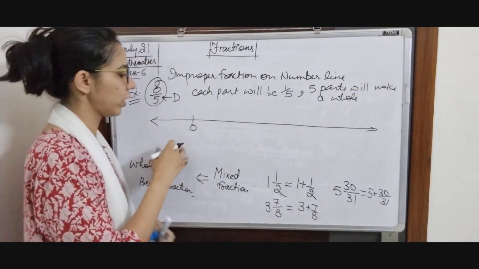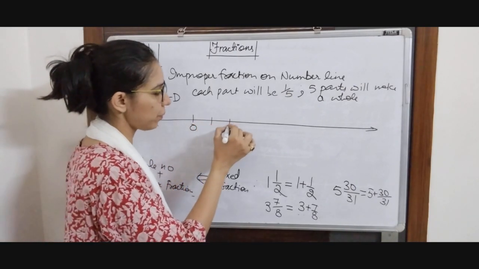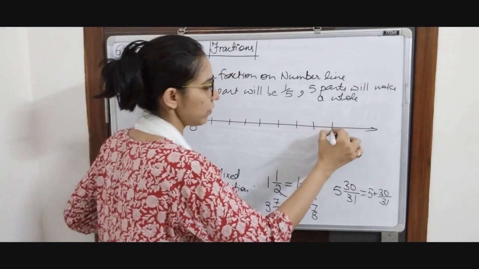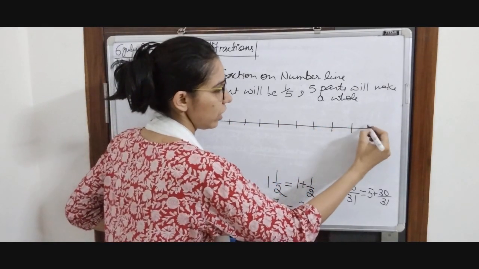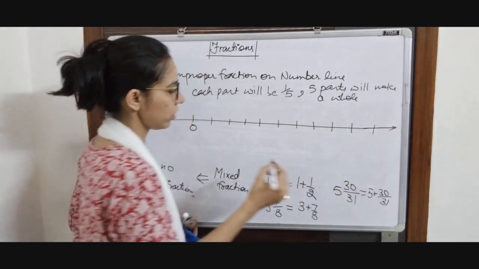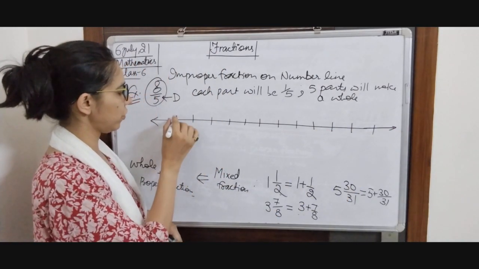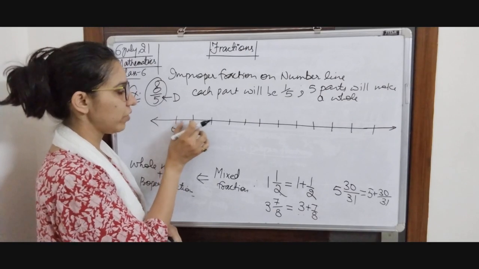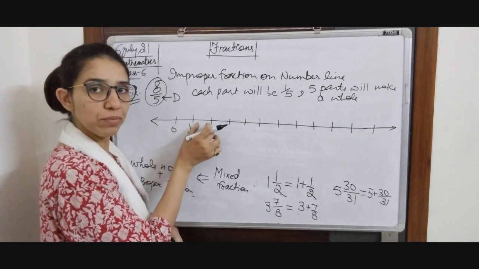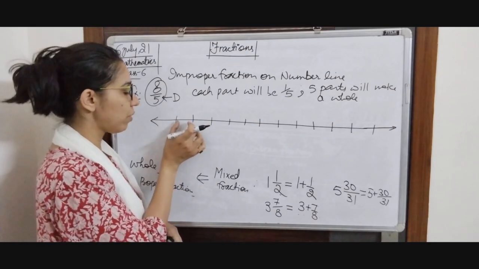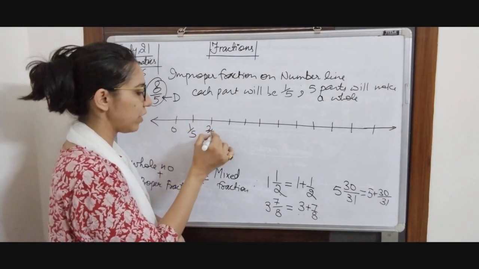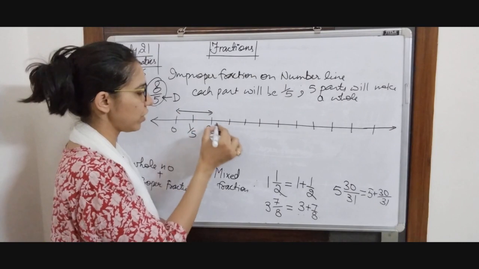Suppose we have 0. So we are going to divide our line into equal divisions like this. We are starting from 0. So one part, this is 1 by 5. Next part is 1 by 5 plus 1 by 5, which will be 2 by 5. So this distance is going to be 2 by 5.